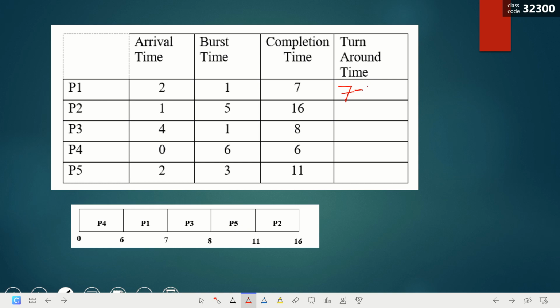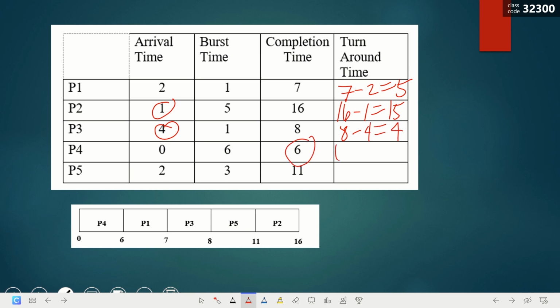So, 7 minus 2, we have 5. And then, 16 minus 1, we have 15. And then, 8 minus 4, we have 4.